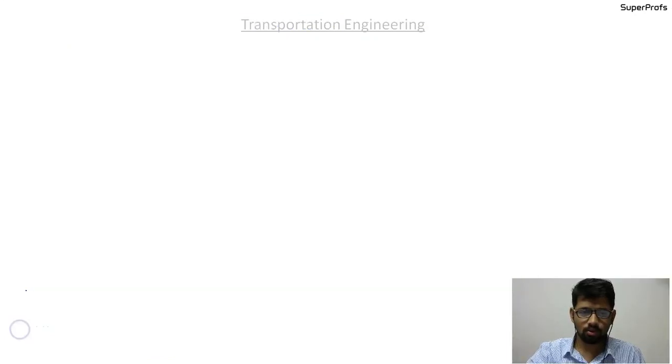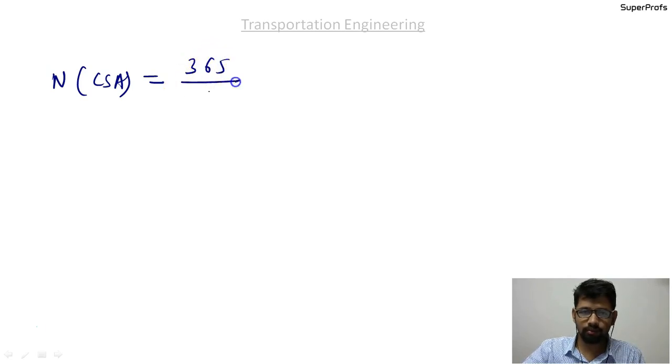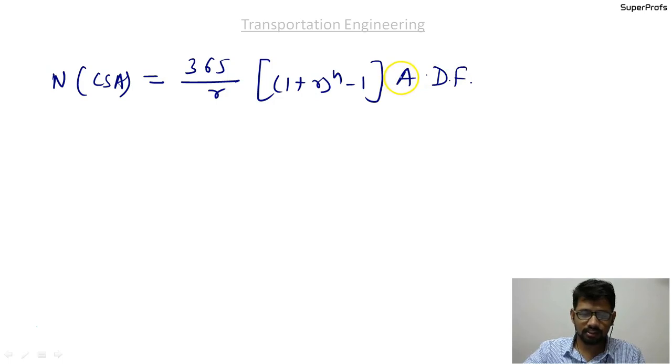Our formula was N in terms of CSA equal to 365 times (1 plus r to the power n minus 1) by r, times A times D times F. We just discussed the lane distribution factor, and now we will be discussing the F value, that is the vehicle damage factor.